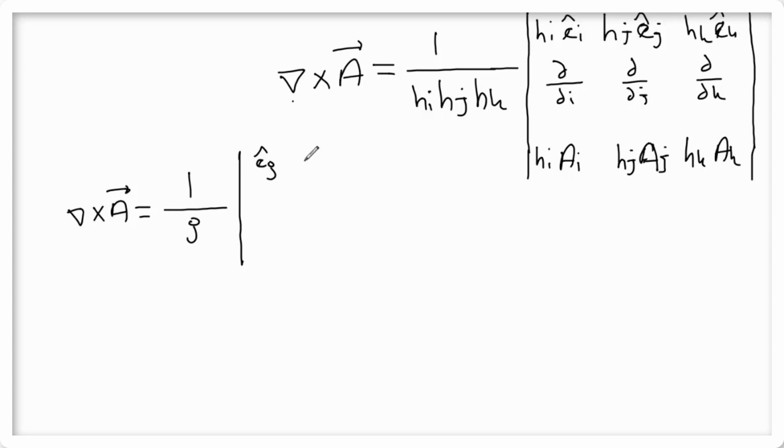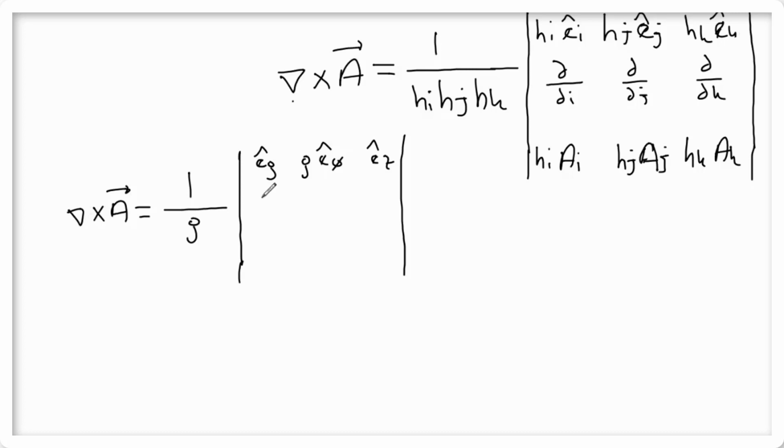We call h_phi rho, hence rho e_phi, h_k is 1, so h_z is 1. So my third direction vector is just e_z.